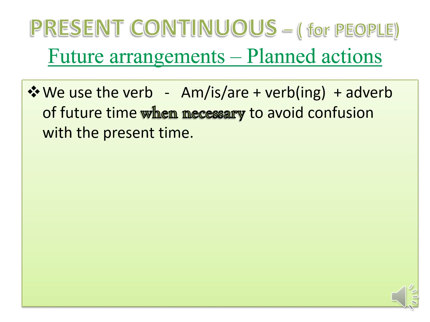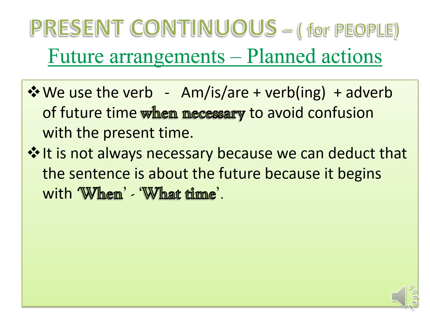We use the verb am, is, are, which is the verb to be, plus the verb ending in ing, plus the adverb of future time when necessary to avoid confusion with the present time. It is not always necessary because we can deduce that the sentence is about the future because it begins with when and what time.